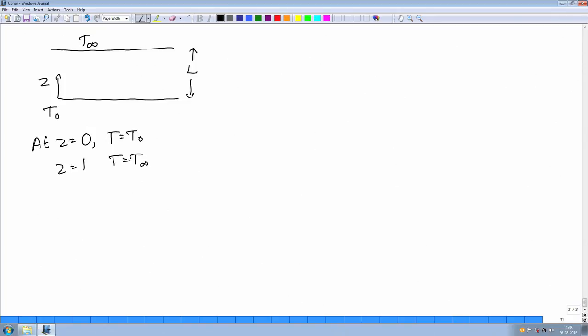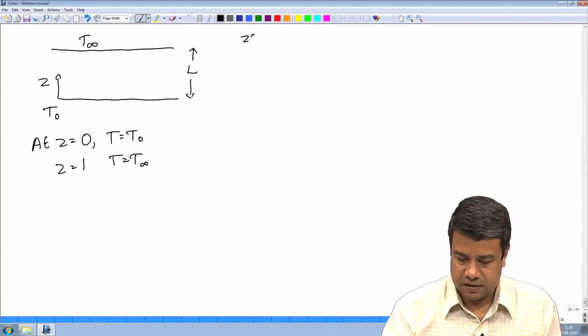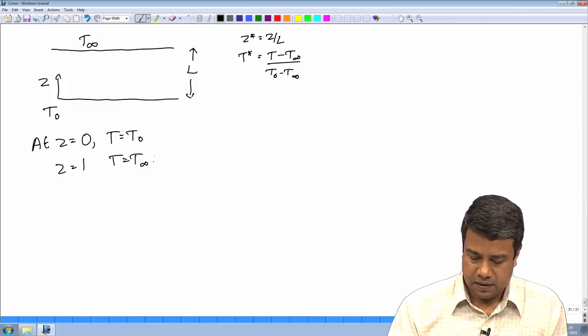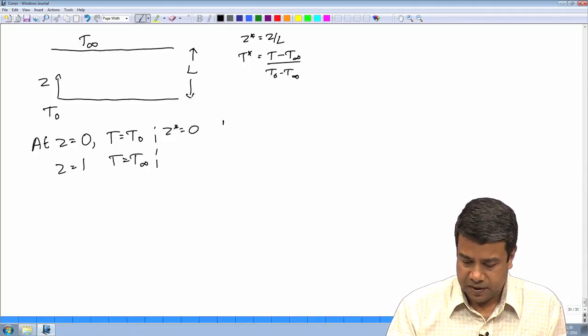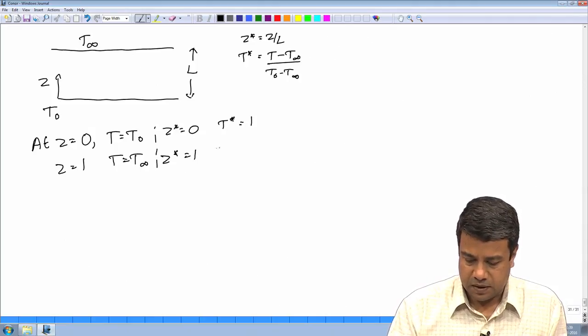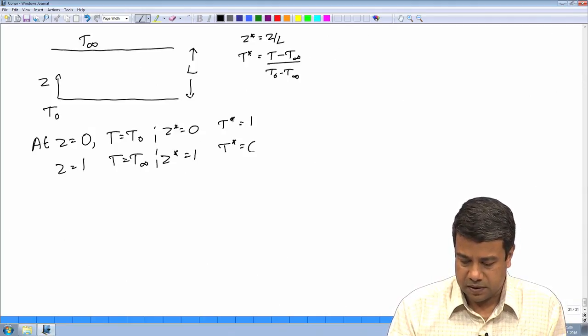We have defined scaled distance z star equal to z by L, and T star equal to T minus T infinity by T naught minus T infinity. In those coordinates, at z star equal to 0, T star is equal to 1, and at z star equal to 1, T star is equal to 0.